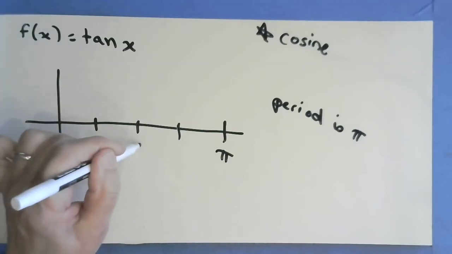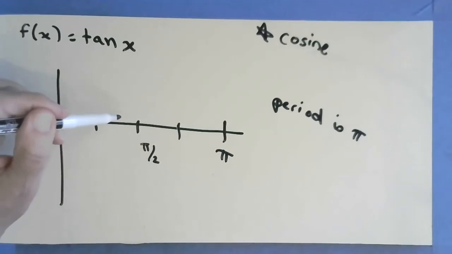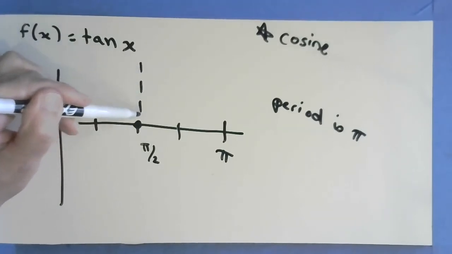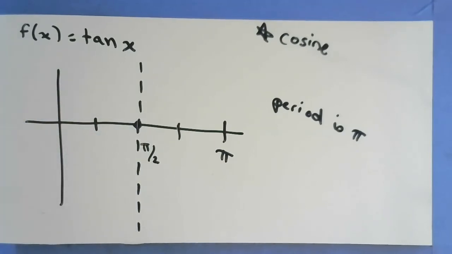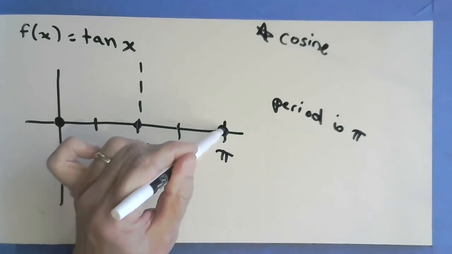So here at pi over 2, that's where cosine is 0, which means that tangent is going to have an asymptote there. We also know that sine is in the numerator of tangent, and wherever sine is 0, tangent is going to be 0. So that's at 0 and at pi.